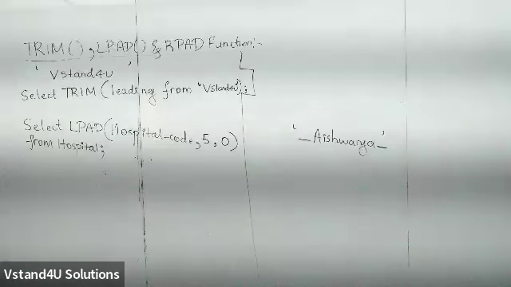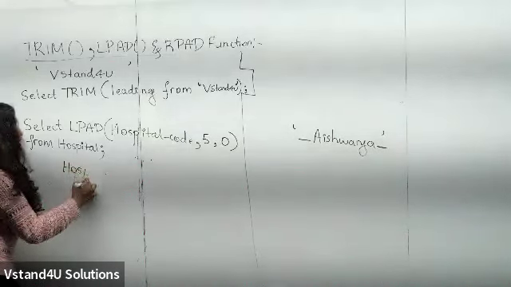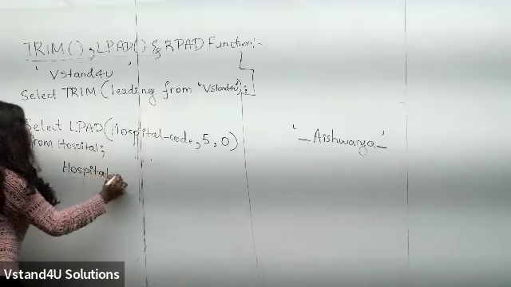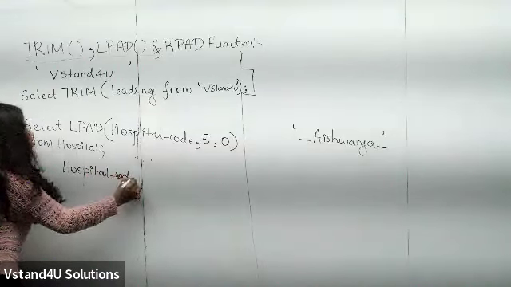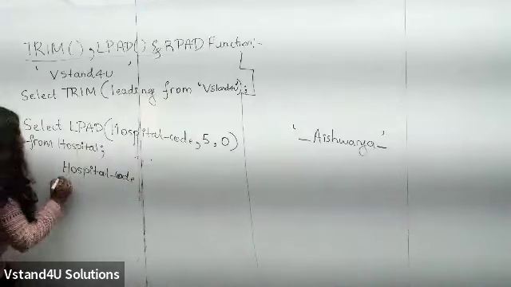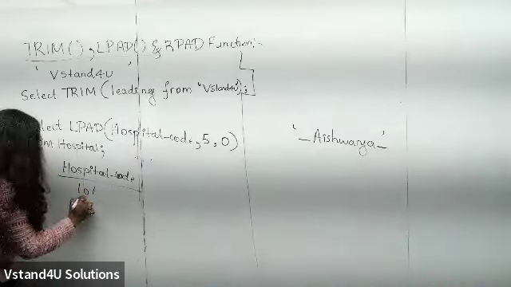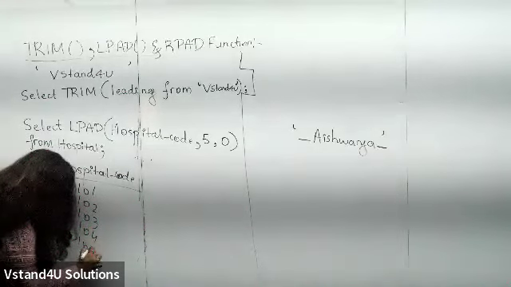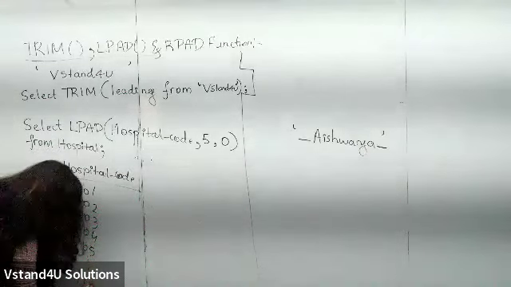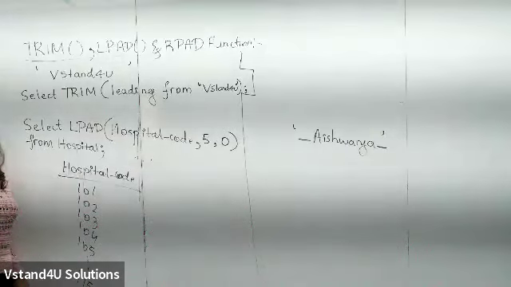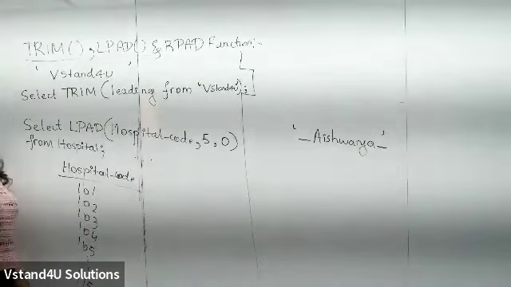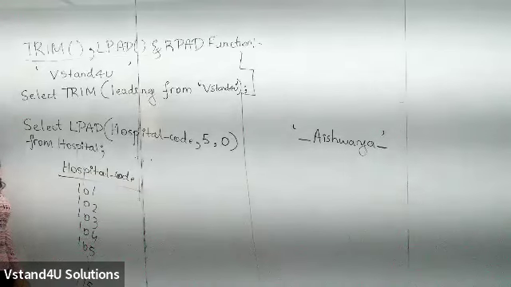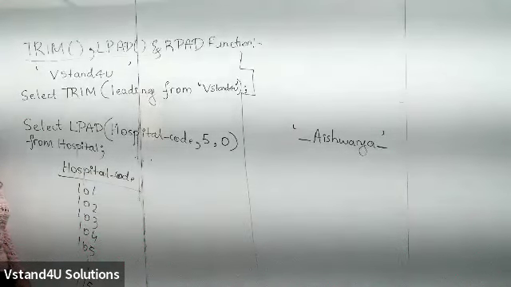So for example, you have already written one column as hospital code. In that you have taken 101, 102, 103, 104, 105 and so on till 115. Now, according to the question, you have to display 5 digits.